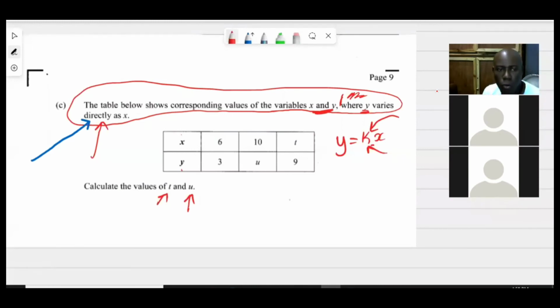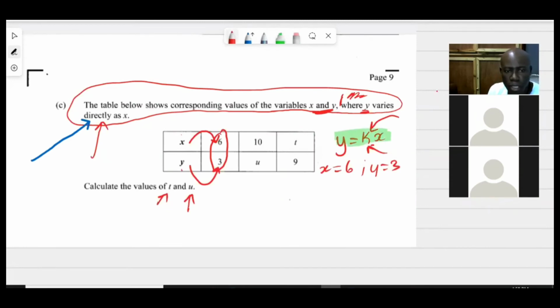So we can use this column to find the value for k, because this case happened already where x was 6 when y was 3. We can substitute those, and we will know the value for k.